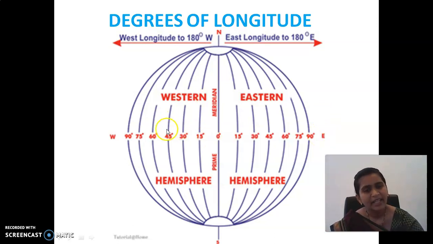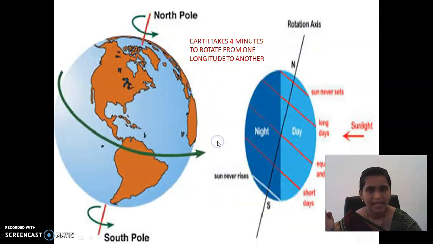The same way the left side, that is the western side, will also start increasing, that is 15-degree west, 30-degree west, but here we can see negative numbers, minus 15-degree, minus 30-degree, minus 45-degree. Guys, understand? East also we will be getting 180 longitudes, and the same way west side also we will be getting 180 longitudes.